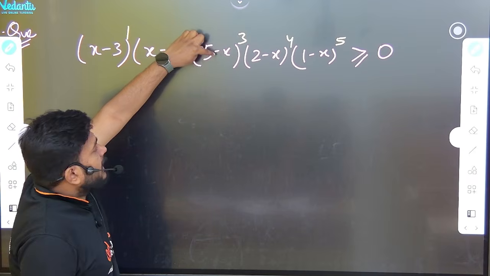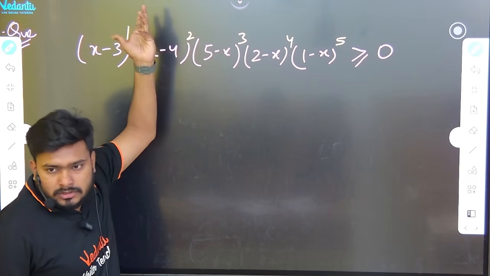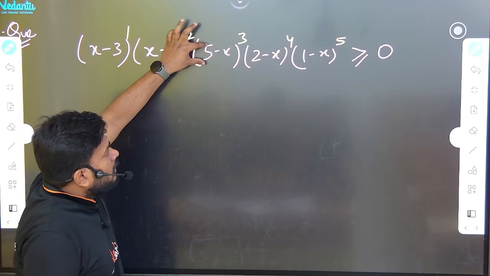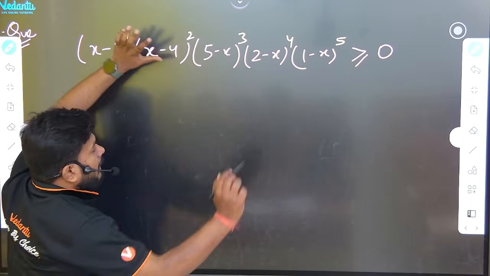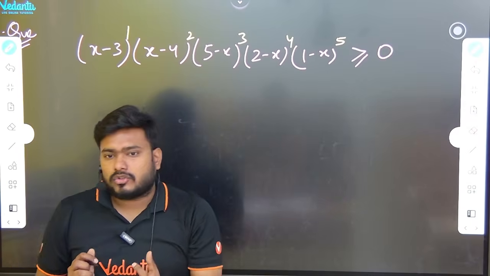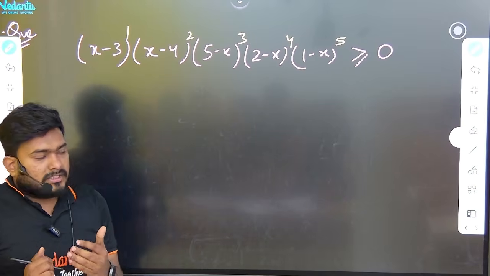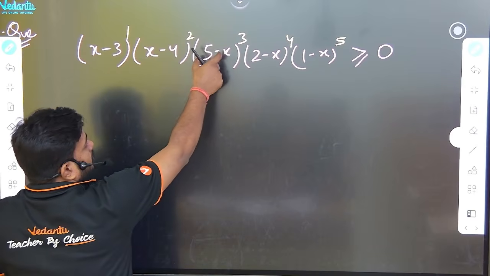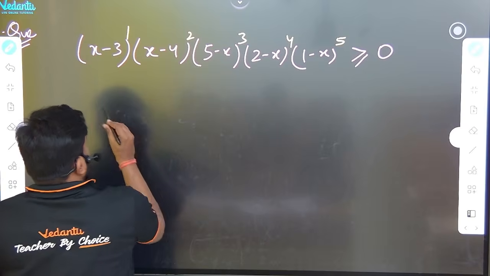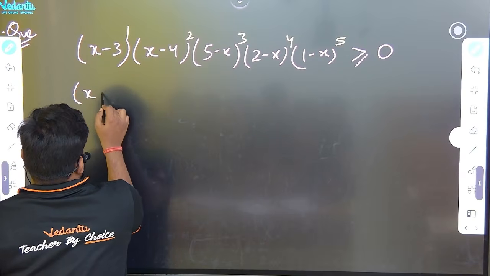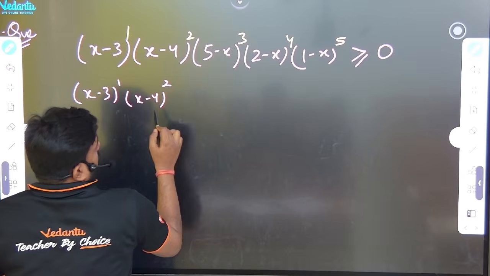That means I need to take minus common. Meaning of minus common means minus 1 common. Take minus 1 common. But minus 1 will not go as minus 1. Carefully watch: (x minus 3) power 1, (x minus 4) power 2.